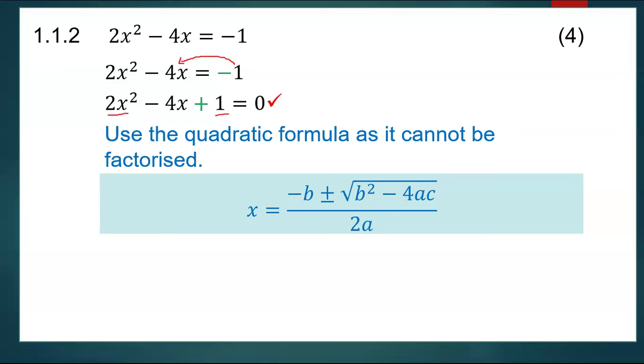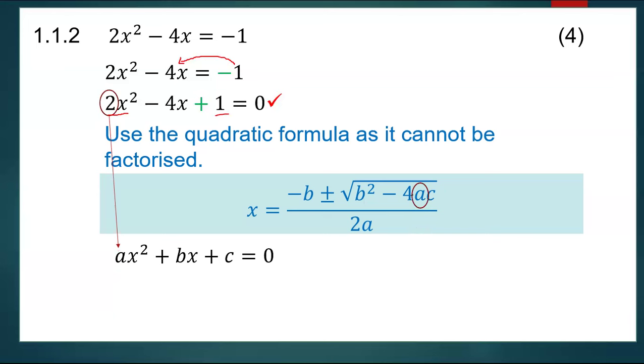For you to be able to substitute values into the correct variables, write the quadratic equation in standard form, and it should be like this: ax squared plus bx plus c. When you look at the equation that we have simplified, that 2 is a. Negative 4 is b. And that positive 1 is c.